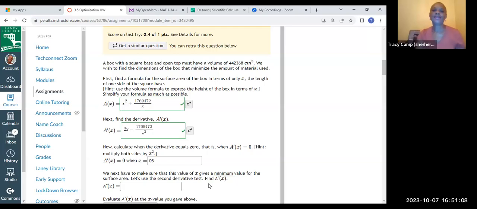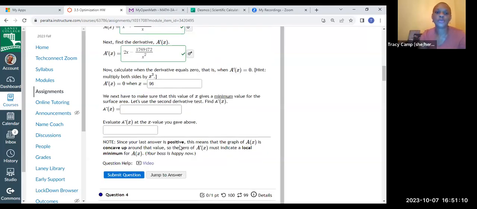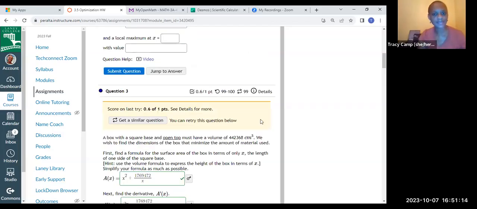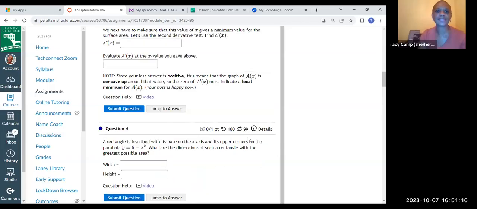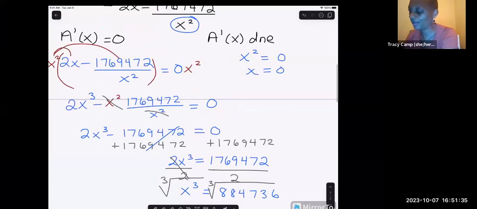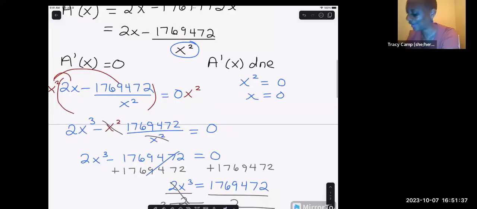And then they're asking us to use the second derivative test here, which is nice because it gives us more practice, right? The second derivative test says if you have a critical number, which we have, 96, then plug that into the second derivative to see if you have a max or a min. So we're going to go back to our function's derivative in order to find the second derivative.